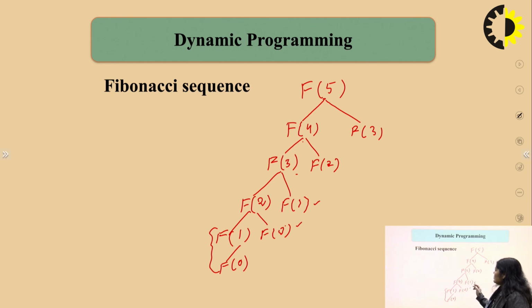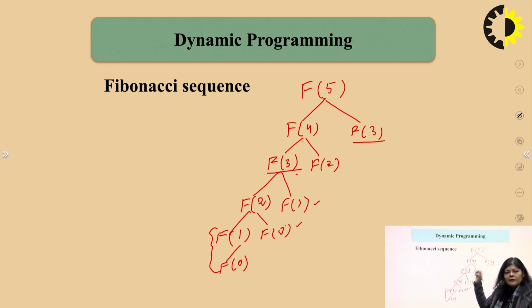And as you can see, while we are descending into the tree and recursively breaking the problem into sub-problems, there are many steps where we have similar sub-problems. For F3, we have one instance here and another sub-problem instance here, right?